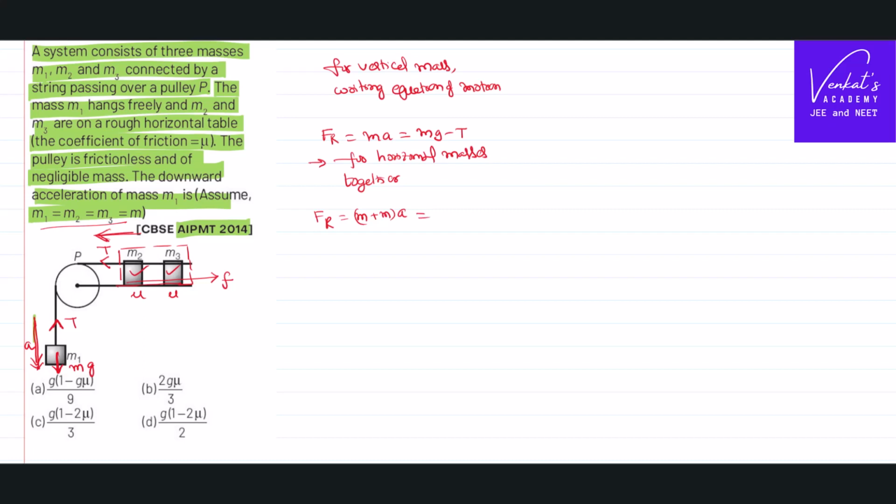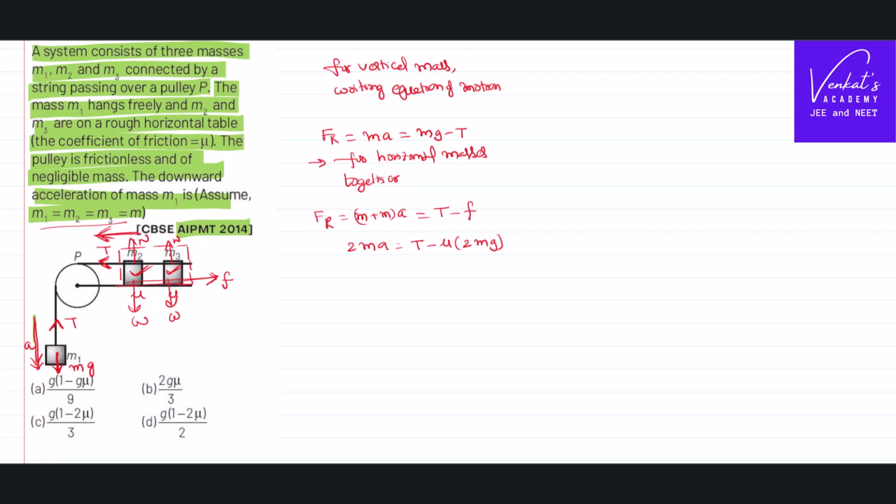Equal to, as this is moving towards the left, tension towards the left, that is towards the point of suspension of the pulley, treated as positive, minus frictional force, because frictional force is acting against the motion. So 2m into a equals tension minus frictional force, which is mu into normal reaction. Normal reaction is 2mg because there are two masses, and both their weights act in the downward direction. Normal reaction acts in the upward direction. Normal reaction from each block is mg. For two blocks together, 2mg.